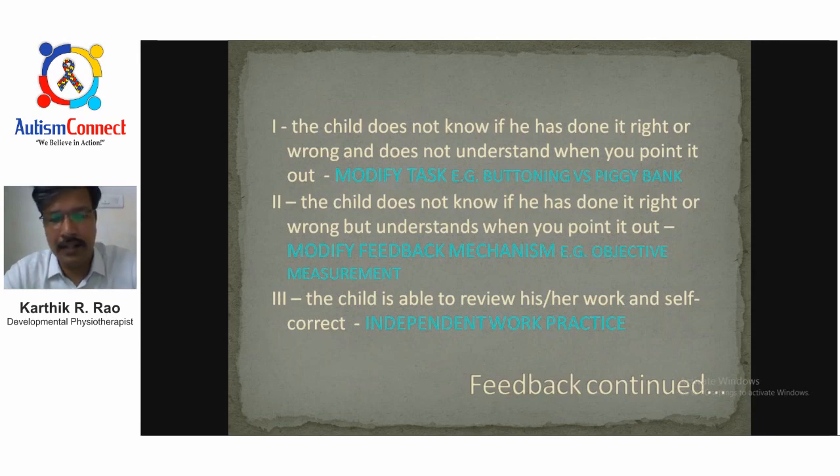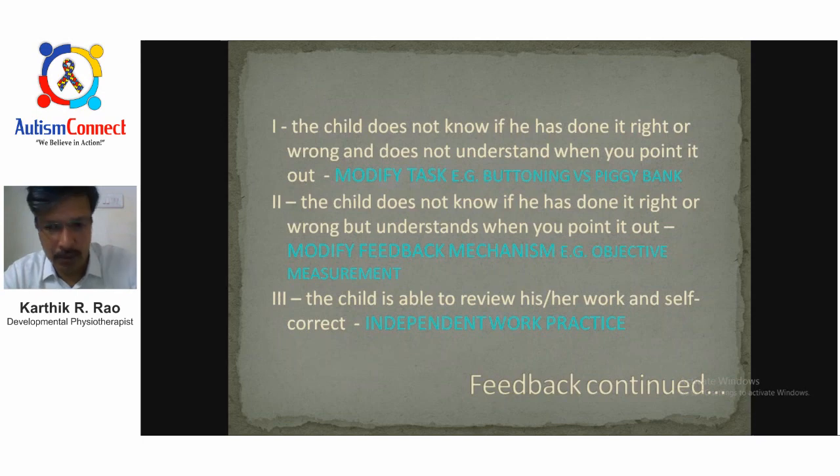But the child does not actually understand how to check whether he has done it right or wrong. So you have to modify the feedback mechanism, which means, how do you know it's wrong? Say you are telling him that he has to join two lines when he's writing S within a double line. He has to touch the top line as well as the bottom line.